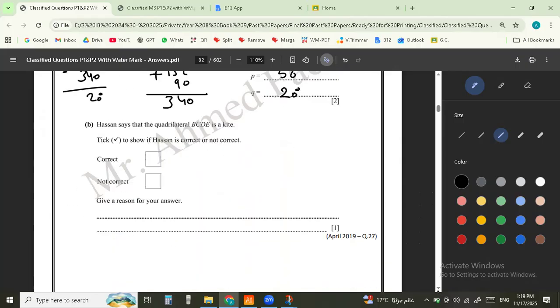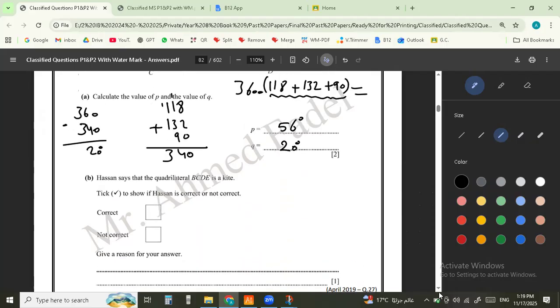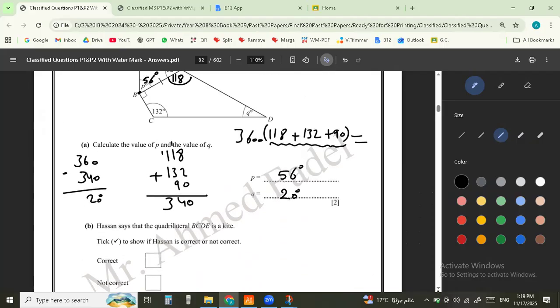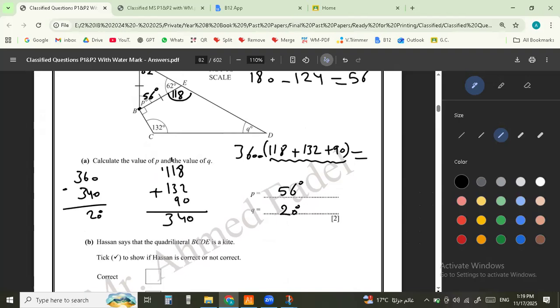Hassan says that the quadrilateral is a kite. Tick to show if Hassan is correct or not and give a reason. He's saying that BEDC is a kite. Is it a kite? No, it's incorrect. Why, mister? Because a kite must have a pair of equal angles. Is any of them equal? No, even the Q is not equal.